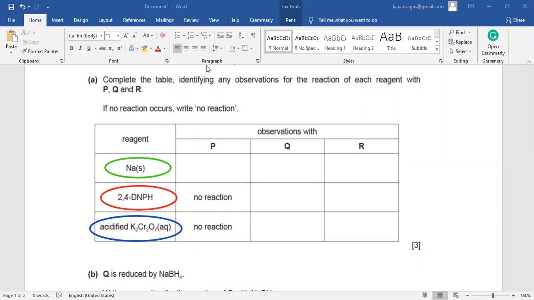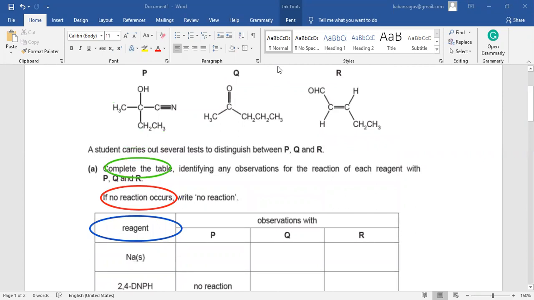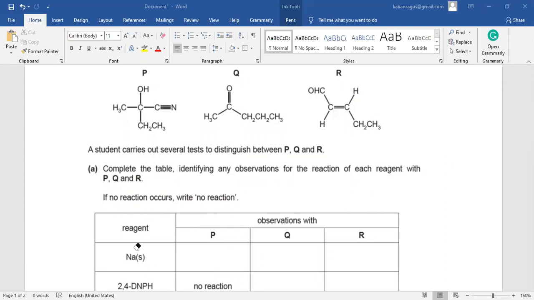If you look at the questions, the first row is a reaction between sodium and P, Q, and R. So sodium reacts with P, it absolutely reacts, because P has an OH functional group. When we have O and H, the oxygen has a negative dipole and the hydrogen a positive dipole, and the bond pair of electrons between O and H goes to oxygen.